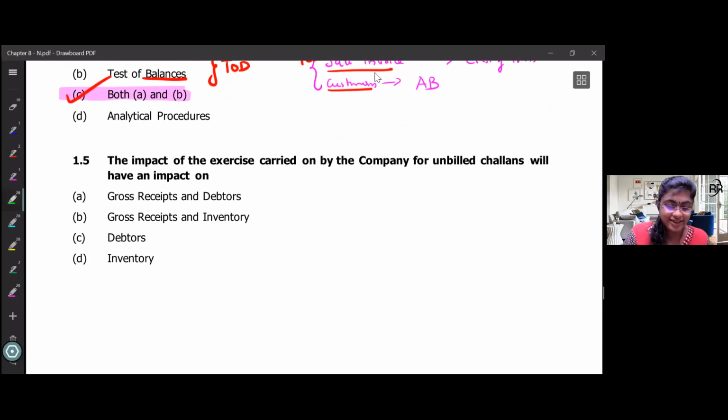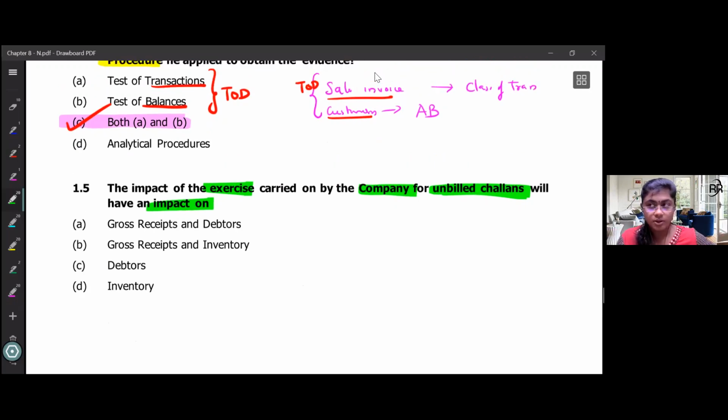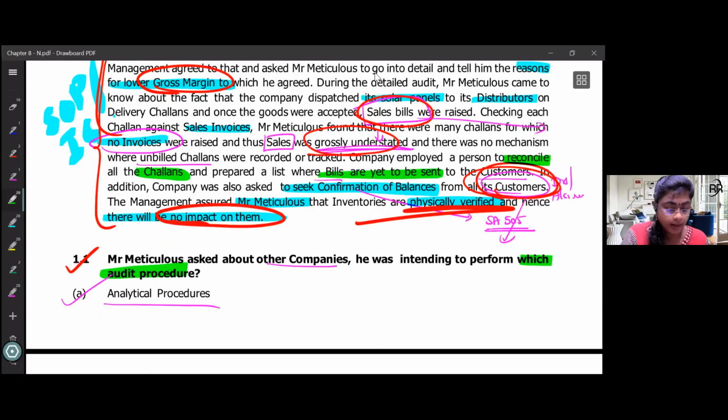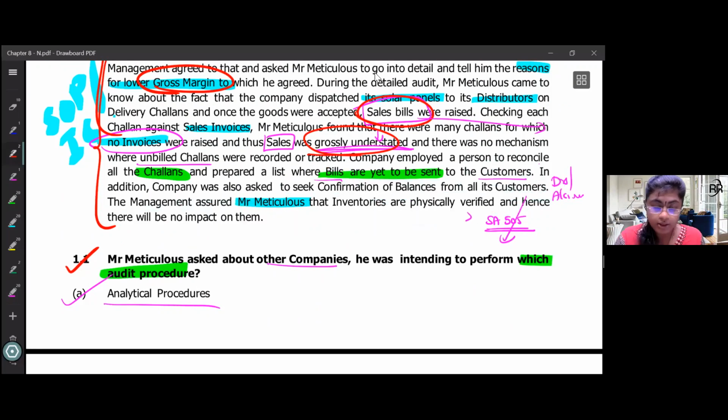Last one. The impact of the exercise carried out by the company for unbilled challans will have impact on what? Do you guys remember the last part where it said the company has employed a person to reconcile and to find out the bills which were not yet recorded or sent to customers?